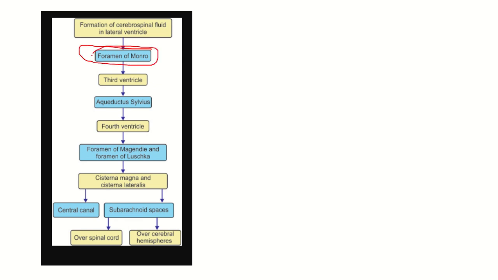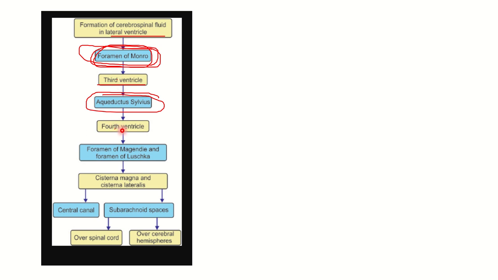So this foramen is very important: through the foramen of Monro, the CSF reaches from the lateral ventricle into the third ventricle. Then another important structure is the aqueduct of Sylvius. Through the aqueduct of Sylvius, the CSF reaches from the third ventricle to the fourth ventricle.